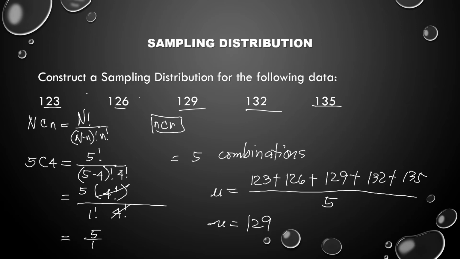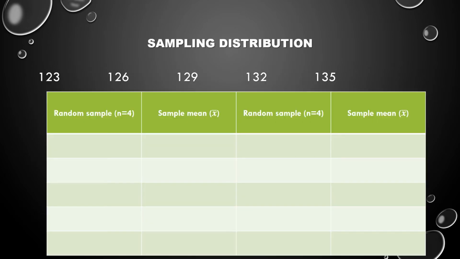Let's now move on to listing down the different combinations for our sample. So again, we have 123, 126, 129, 132, and 135 as our data.